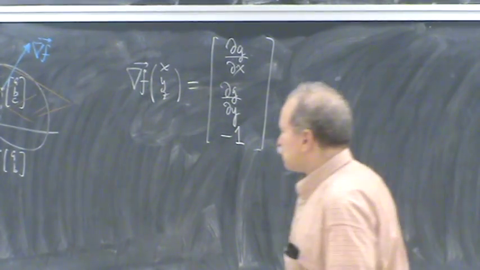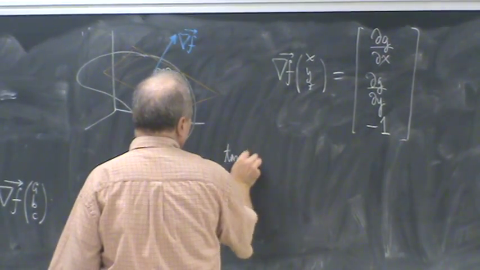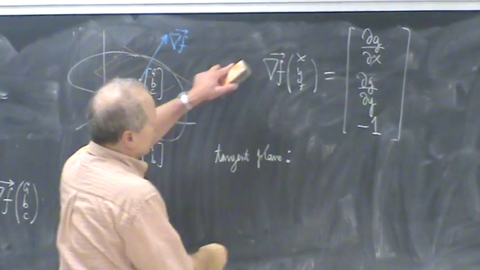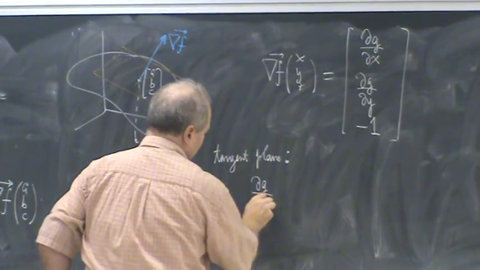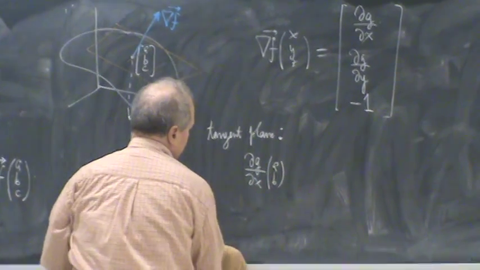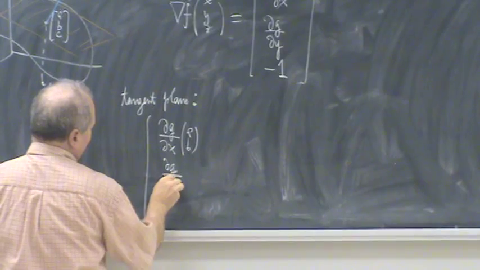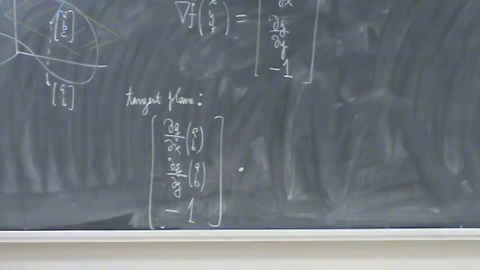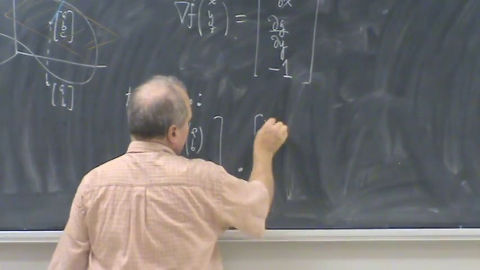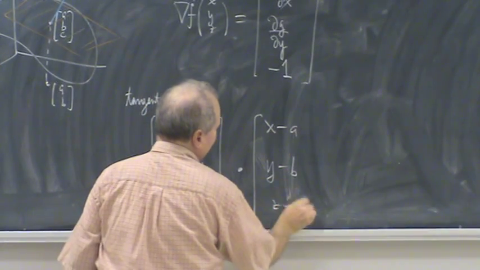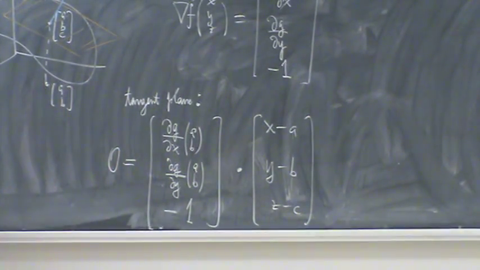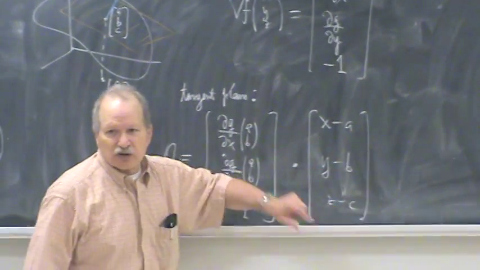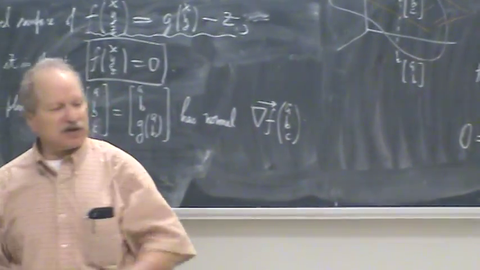So the equation of the tangent plane is given by dotting that with (x minus a, y minus b, z minus c), and that's 0. This is our normal vector, dotted with a vector that goes from the fixed point A, B, C to the point x, y, z, and you get 0.